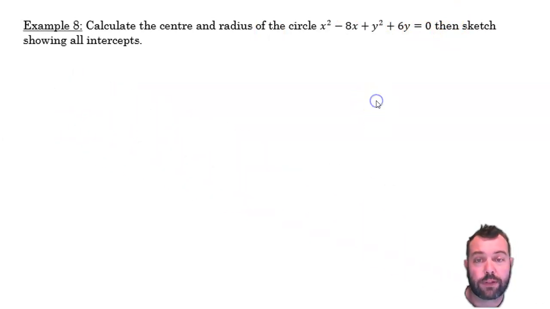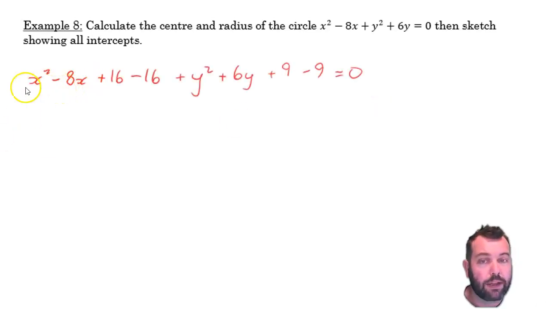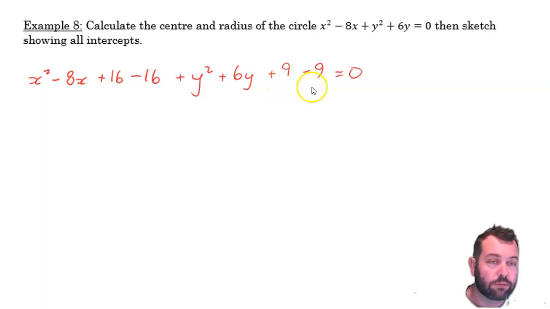So first of all, let's have a look at that. We're going to complete the square, and you can see here, I halve the negative x, which gives me negative 4, square it, 16, minus 16. Now, I've got the 6y, half of that is 3, square it is 9, minus 9, and equals 0.